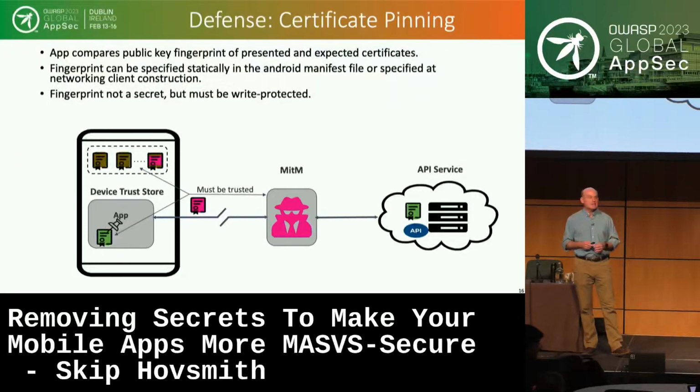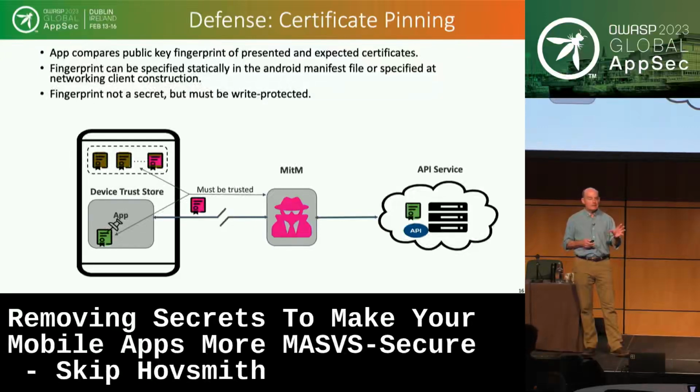How do you defend against it? A common technique is certificate pinning. And here we're going to say, I don't really trust that device trust store. So I'm going to take the exact certificate that I expect the service to present, and I'm going to hash the public key that's in that certificate. That's the most common approach that's used.